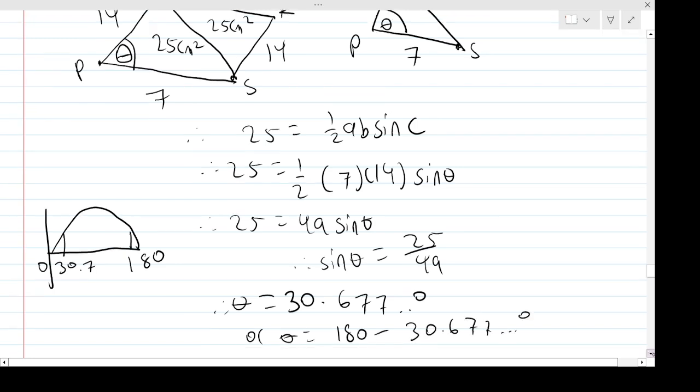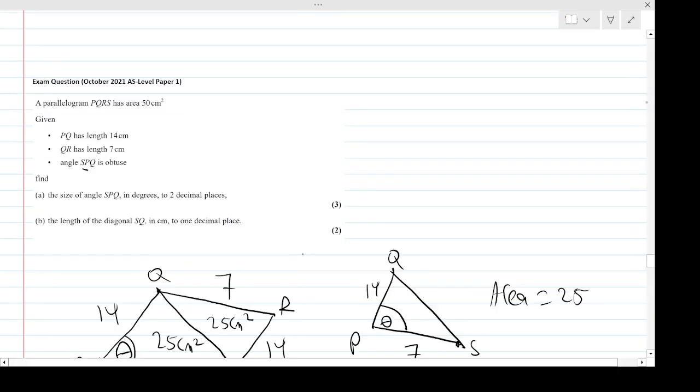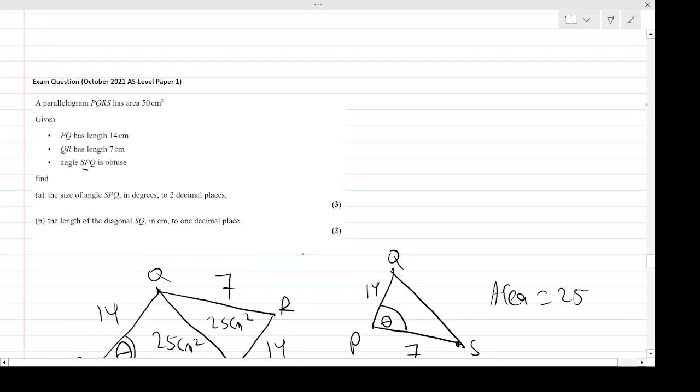If I do that on the calculator, I get 149.322 blah blah blah. So I've got two solutions then. I either have this 30.677 or this 149.322. Which one do I take?